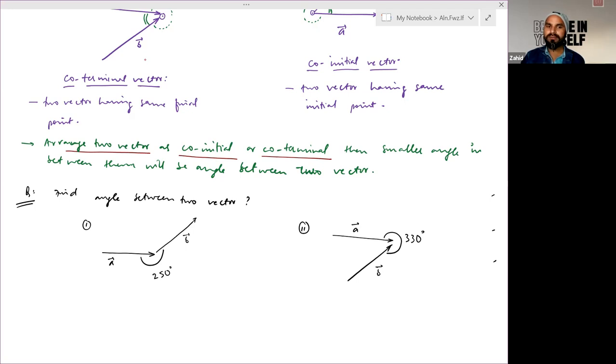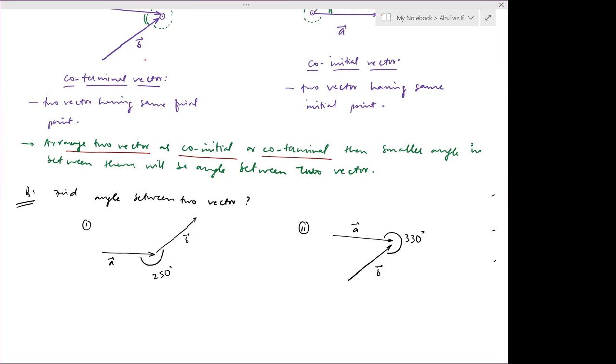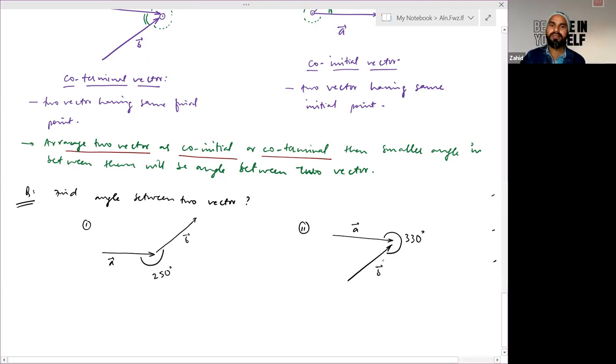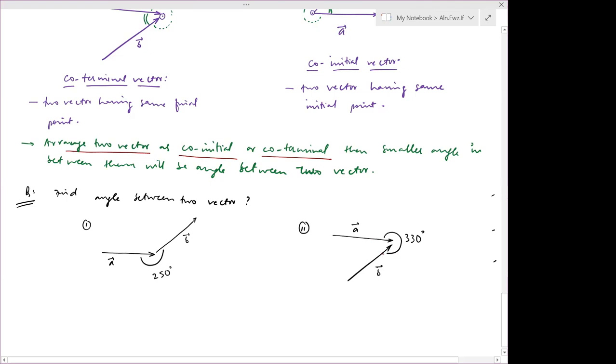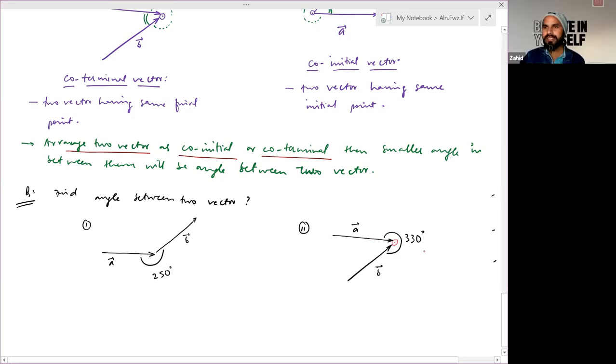Fawaz, any doubt? Sir, what to do in this? Just see in this second example, are these two vectors co-initial or co-terminal? Co-terminal. So we have to find smaller angle in between them.